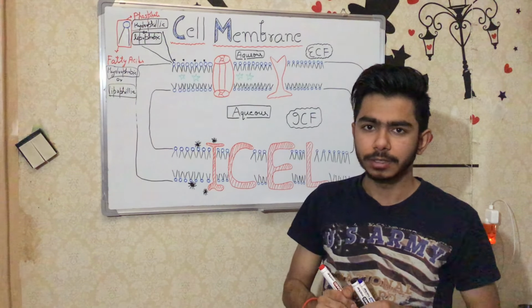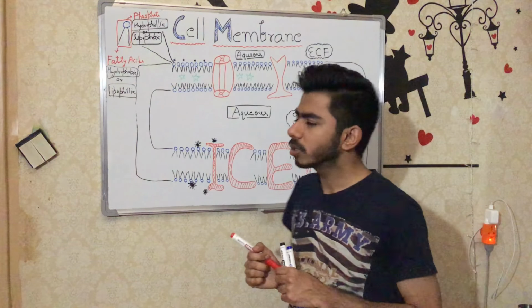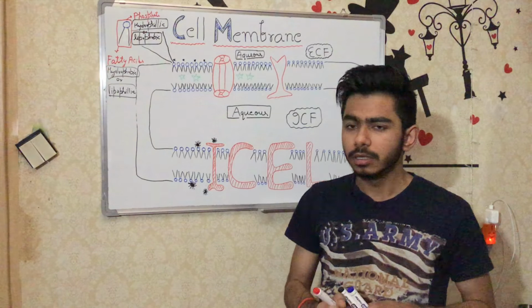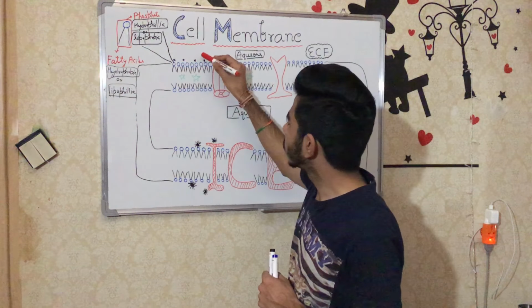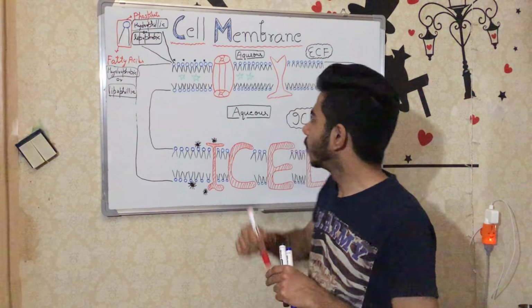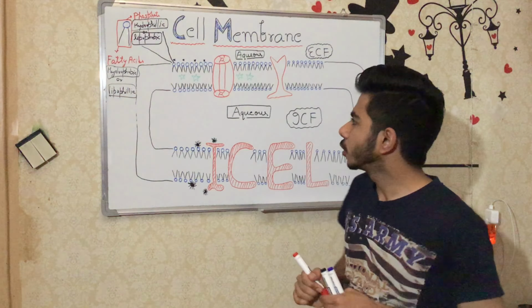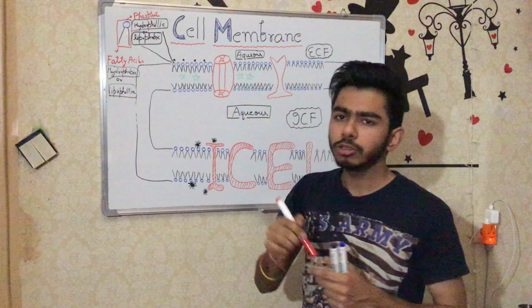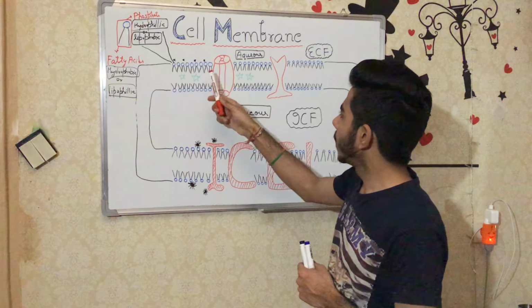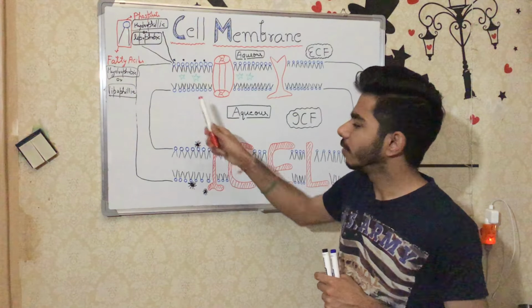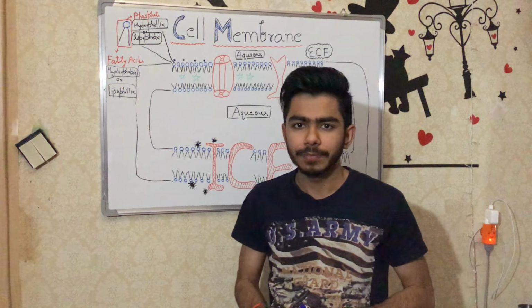Now, carbohydrates also have many important functions. One function is that they are present extracellularly with the phosphate groups of the phospholipids, which is also why these upper leaflets are slightly different from the inner leaflets.